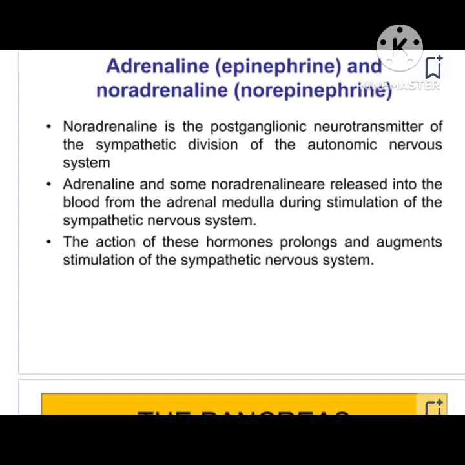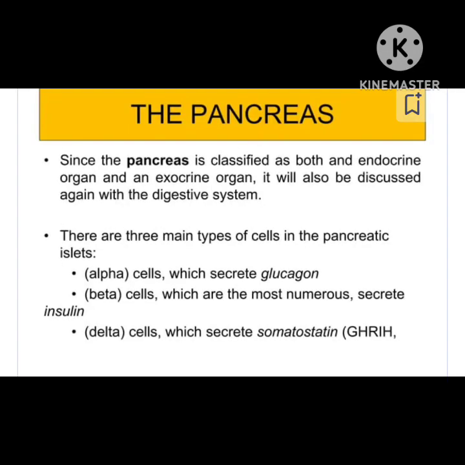Clear? So next is adrenaline and noradrenaline. Noradrenaline is the postganglionic neurotransmitter of the sympathetic division. Adrenaline and some noradrenaline are released into the blood from the adrenal medulla during stimulation of the sympathetic nervous system.